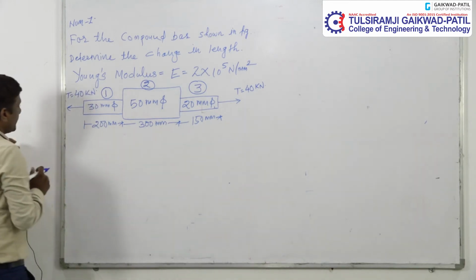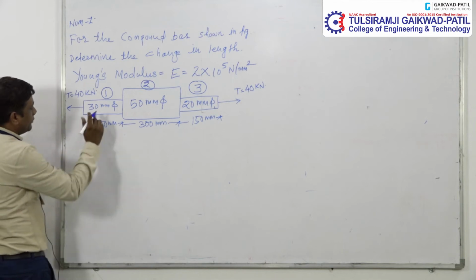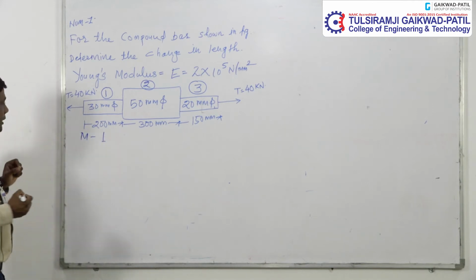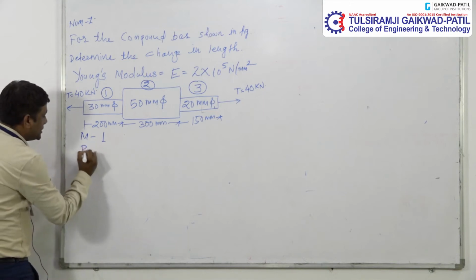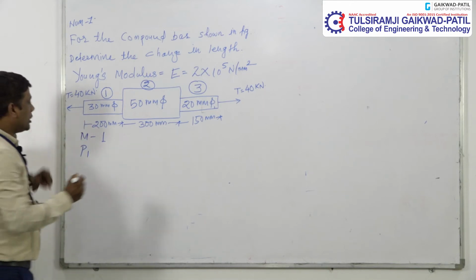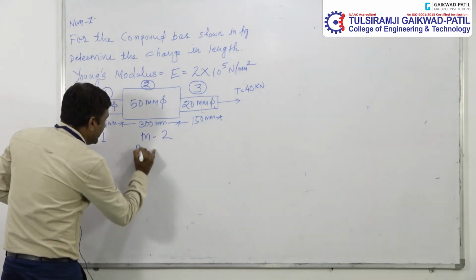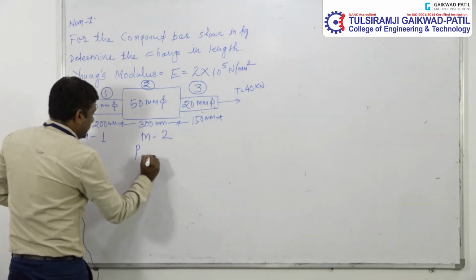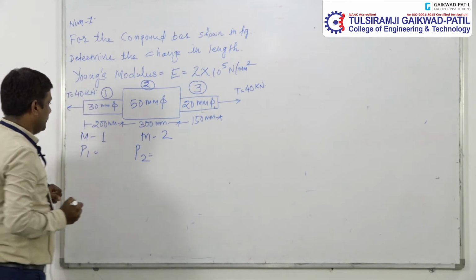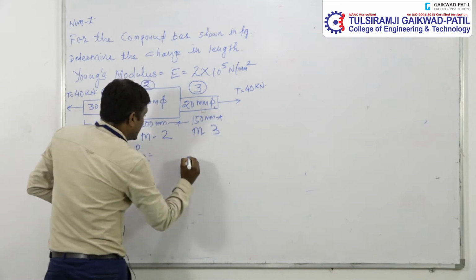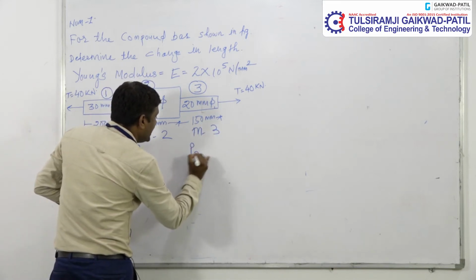So here we assume that for material number 1, the tensile load is P1. For material number 2, the tensile load is P2. And for material number 3, the tensile load is P3.